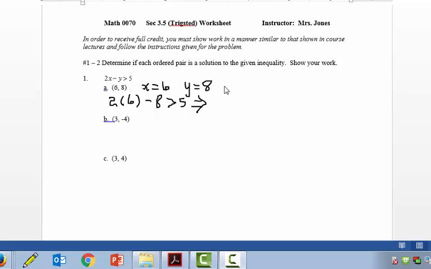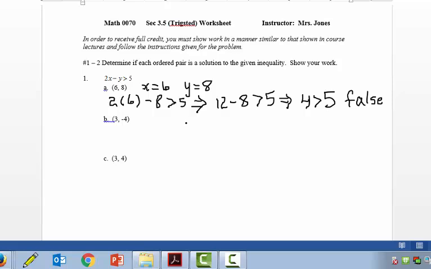All right, so 2 times 6 is 12. 12 minus 8 greater than 5 winds up being the statement 4 greater than 5, which is false.